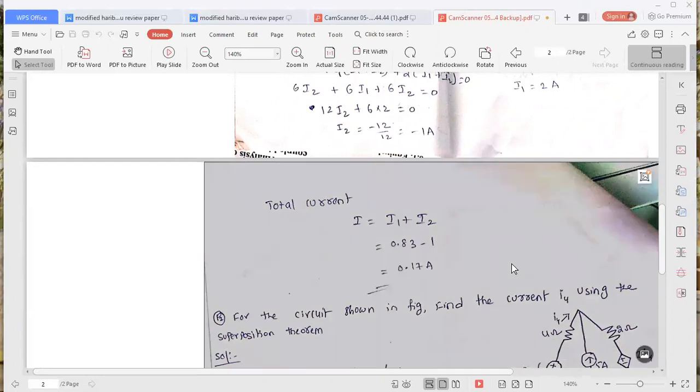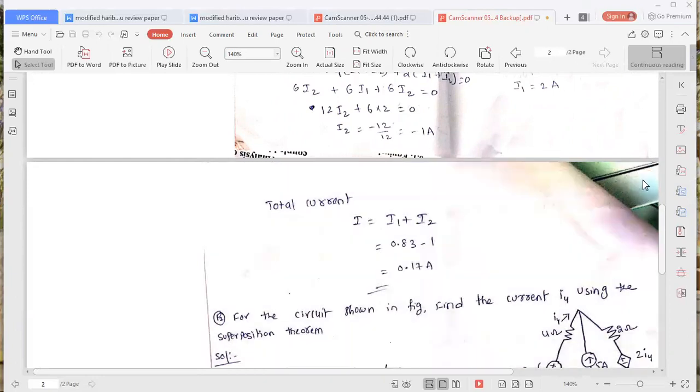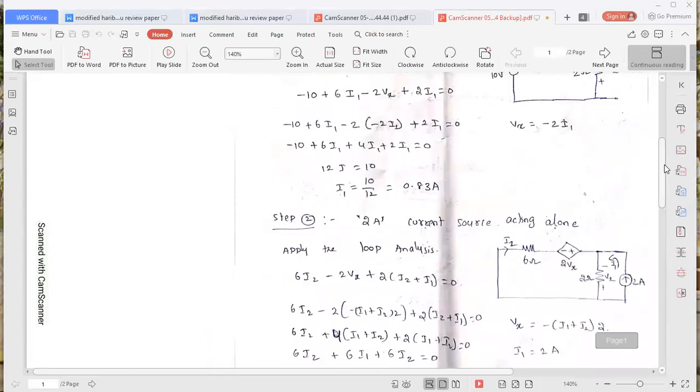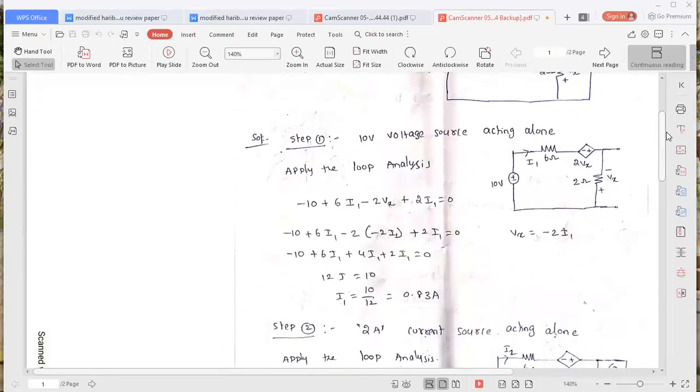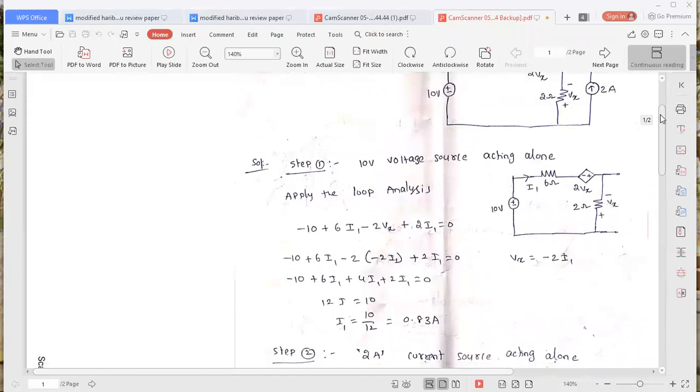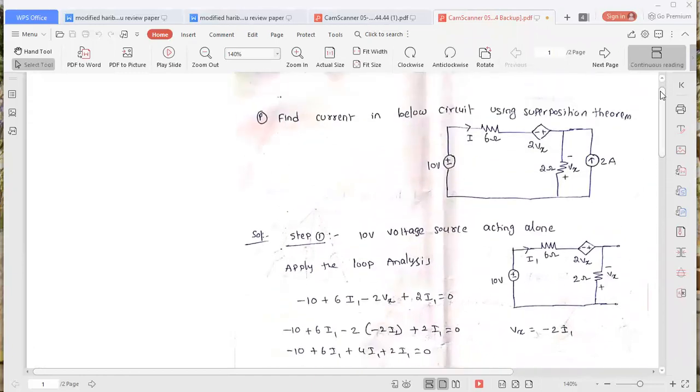This is a dependent source. Dependent sources are not a difficulty, he has just given the dependent source, and also he can give a clue about the dependent source. Here the dependent source has the value 2 Vx, where Vx is the voltage across 2 ohms.